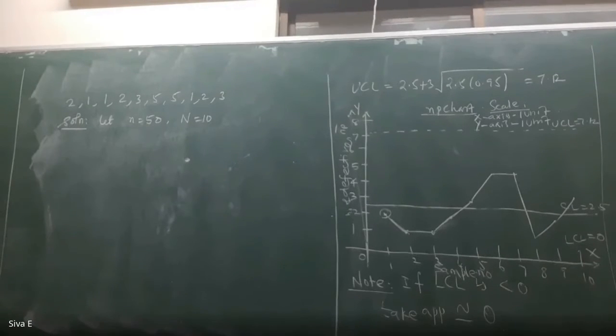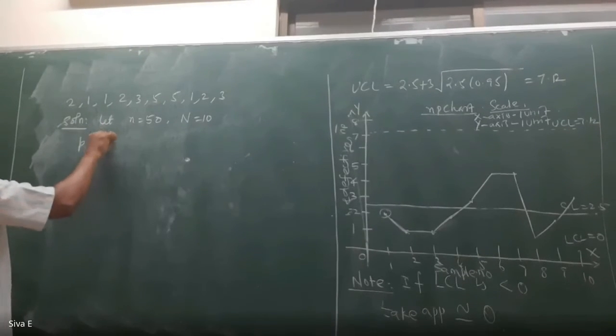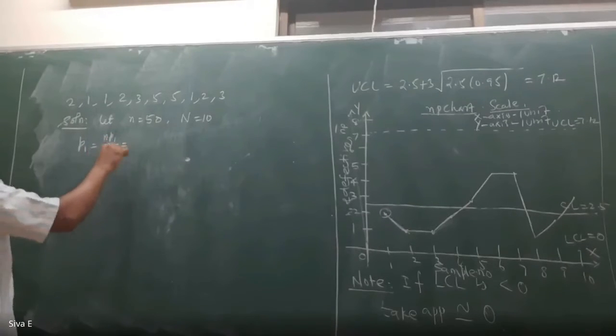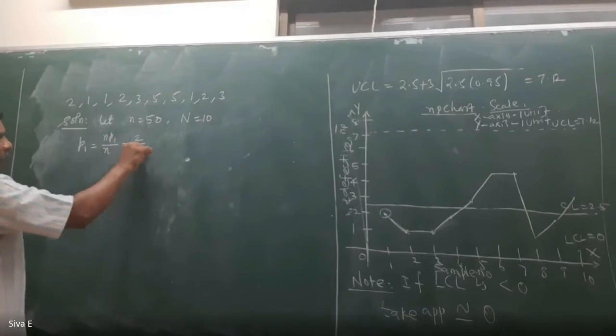To draw the P chart, first you have to find that P1. P1 is NP1 by N. That means 2 by 50.